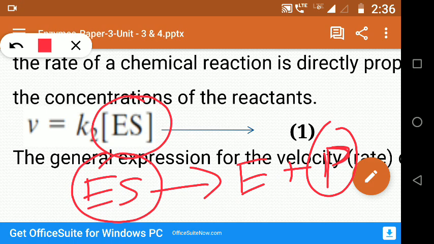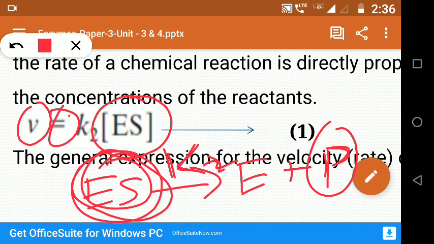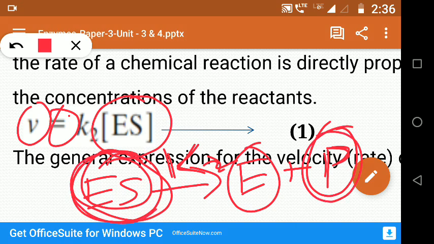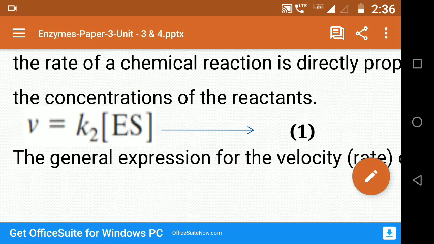So the velocity of this reaction, the constant is K2, and the velocity V is proportional to the concentration of the ES, not the concentration of E, not the concentration of P. So it always depends on the concentration of the reactants, not the product. So therefore V equal to K2 ES. K2 is the constant for that reaction. So V is proportional to ES, and then V equal to K2 into ES.